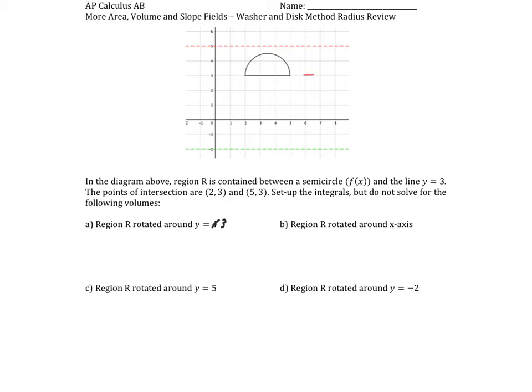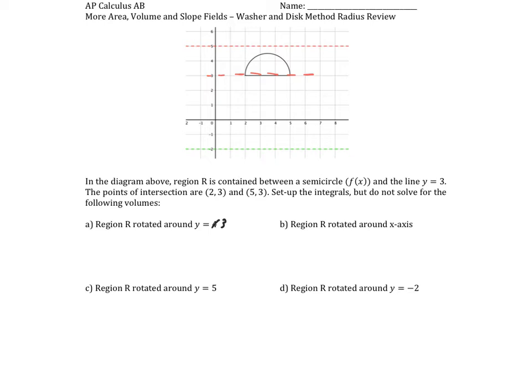When you think about rotating that around the line y equals 3, the first question you should be thinking about is, is it going to be a donut or a disk method problem? We talked before break that we can tell it's going to be a disk method because the entirety of that area we're rotating is touching that line y equals 3. So there are no gaps.